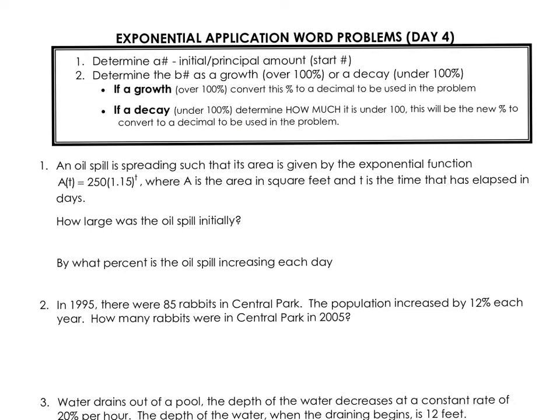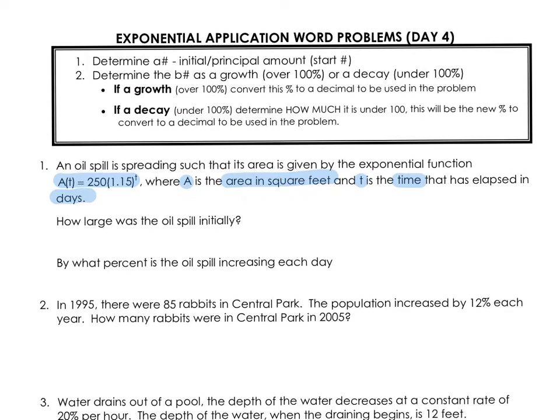We have an oil spill that is spreading such that its area is given by the exponential function A of t equals 250 times 1 and 15/100ths, that's 1.15, raised to the t power, where A is the area in square feet. I just highlighted that to know what A is standing for.